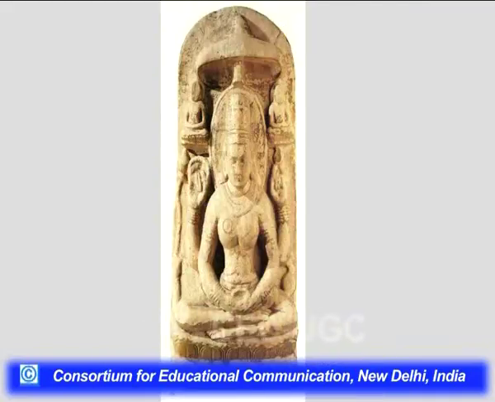Okay. This is to show you how other depictions of yoginis and taras come up in the early medieval period at Amaravati, as Amaravati remains a great cultural site, all right, for a very, very long period.